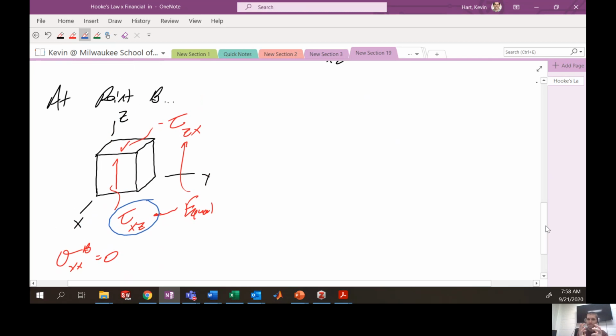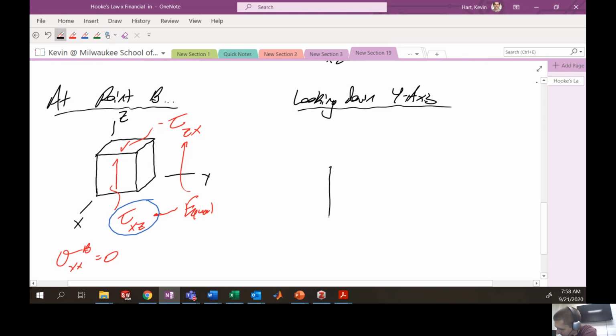So if we look down, let's say, the y-axis, that is looking down this axis. All right, I'm going to look down the y-axis at the element that I have. You should see something that looks like this, where we have our coordinate system here, that is x, z.